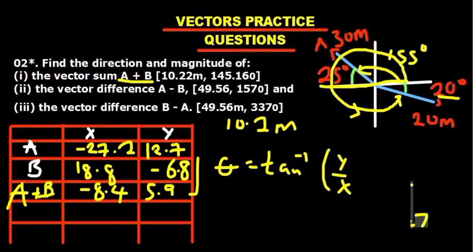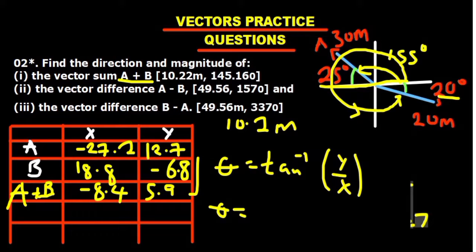In a case where it's negative, you do the same, but then you're supposed to do something else later. So we've seen that our x component is negative, we ignore that. So you have 5.9 divided by 8.4. Tan inverse of that, 35. So our theta is going to be 35.